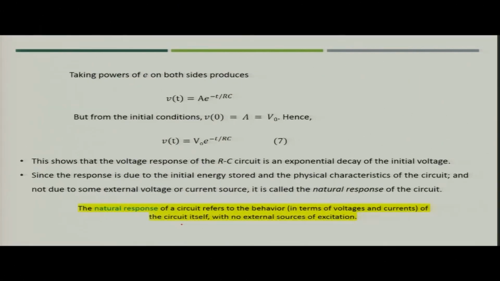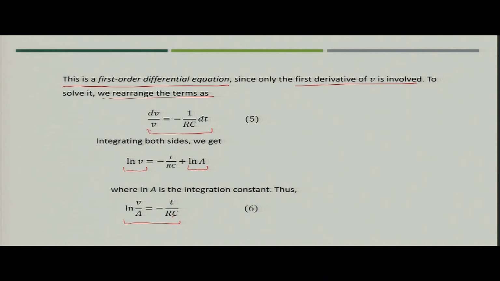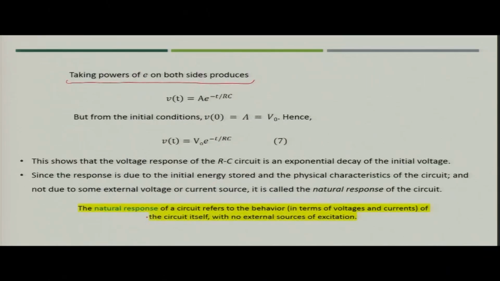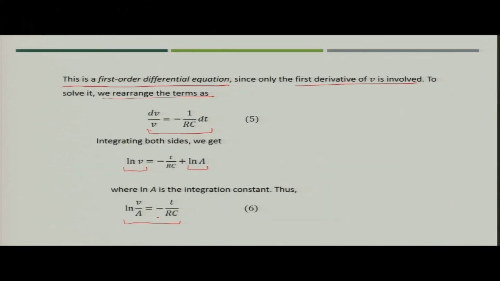RC. So, the next task is to take powers of e on both sides, that is the exponent. If you take the power of e on both sides, e to the power ln V by A becomes simply V by A, and this is equal to minus t by RC.